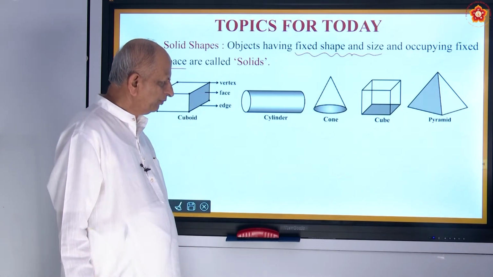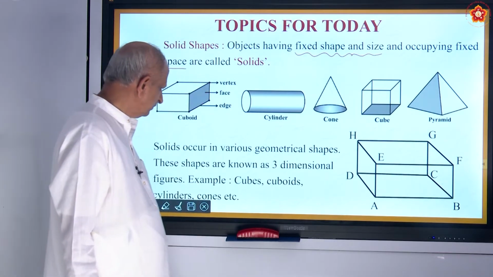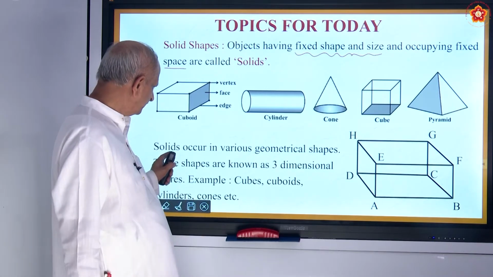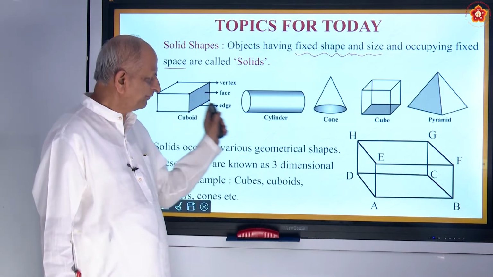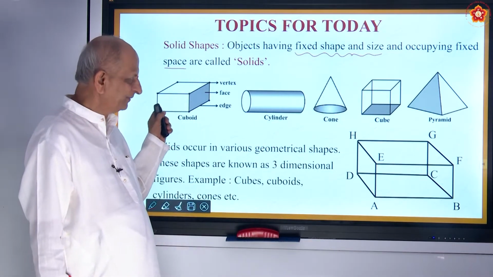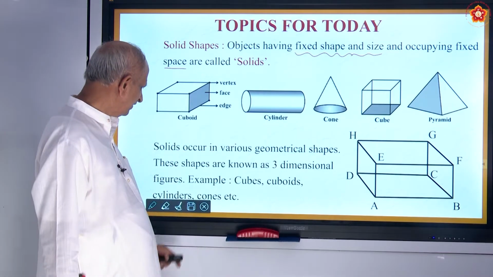Okay. Now one by one we will study. First of all, we will look at what are called cuboids. So solids occur in various geometrical shapes. So they have a definite shape. I think all of you are familiar with this, no? In daily life you use different kinds of solids.